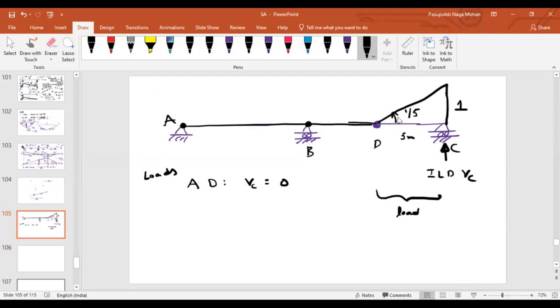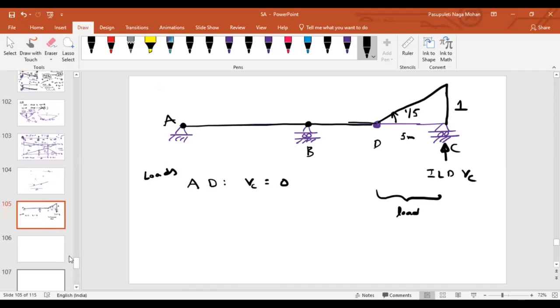So the reaction will exist at point C only if there is a load between D and C. Clear? Any doubt? Pin drop silent. Why? Any ambiguity? No, sir, clear.